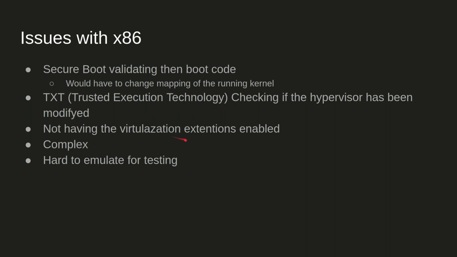Also, without the extensions, you basically have to create a parallelized operating system, so you have to replace any instruction which doesn't cause a fault. Privileged instructions that don't cause faults.